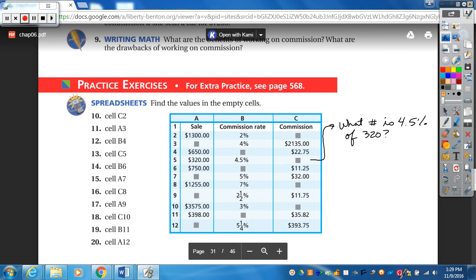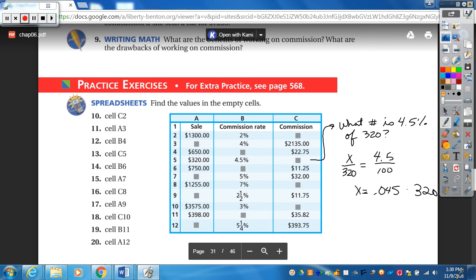So you can go ahead and do this again in two different ways. You can go ahead and say x is the is, 320 is the of, 4.5%, okay? Or you could go ahead and do x equals 4.5% of 320, okay? Either way there, you're going to get the right answer for number 13, C5.